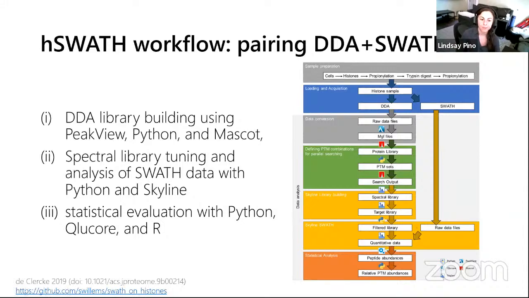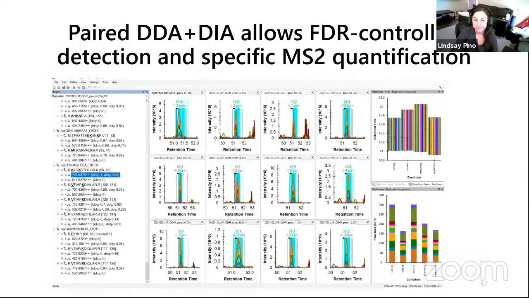using that BiblioSpec built-in tool. And then once you have your DDA library set up in Skyline, you have all the MS IDs in your document to pull in the extracted ion chromatograms of your DIA data using the detections in that DDA. So that ends up looking something like this.